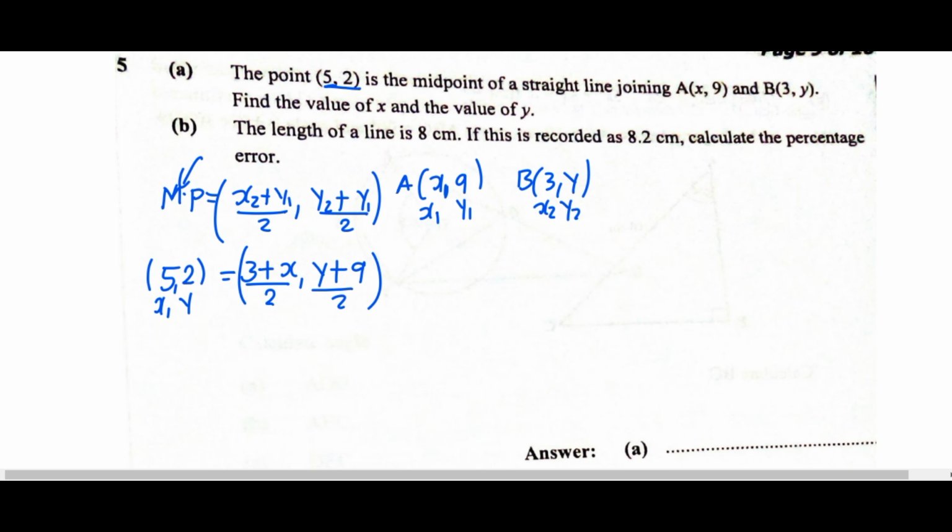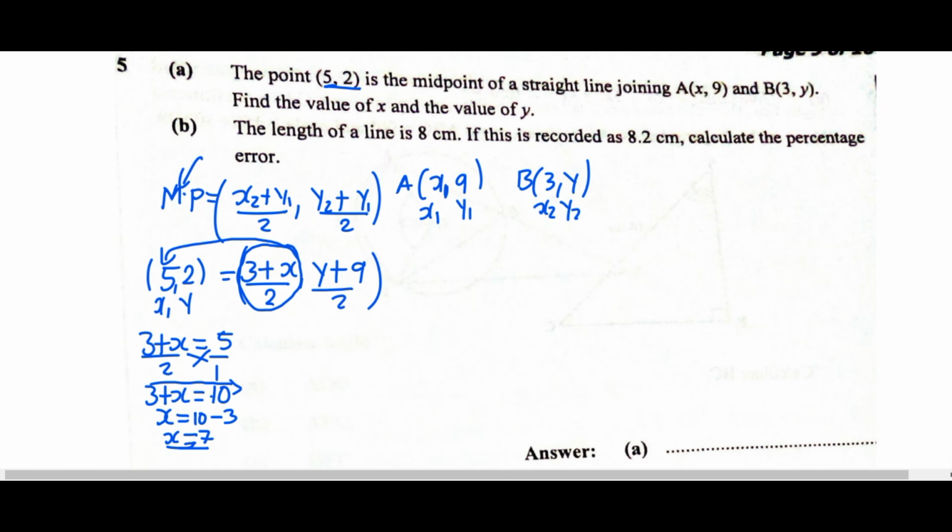Upon reaching this stage, we know that the first expression represents the x, so we are going to equate it to 5. So (3 plus x) over 2 is equal to 5 over 1. We can cross multiply so that we can solve for x. So 1 times 3 plus x is 3 plus x. 2 times 5 will give us 10. Then we shift this number to this side. So x is equal to 10 minus 3, which is x equals 7.